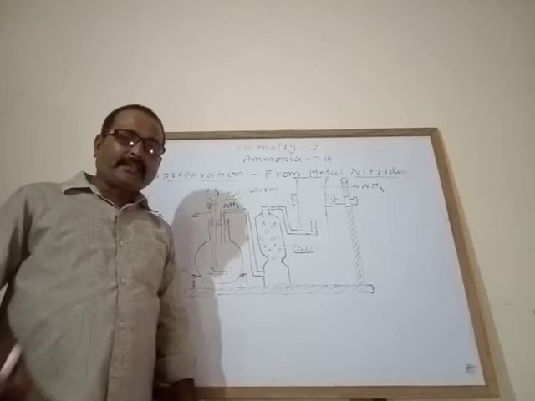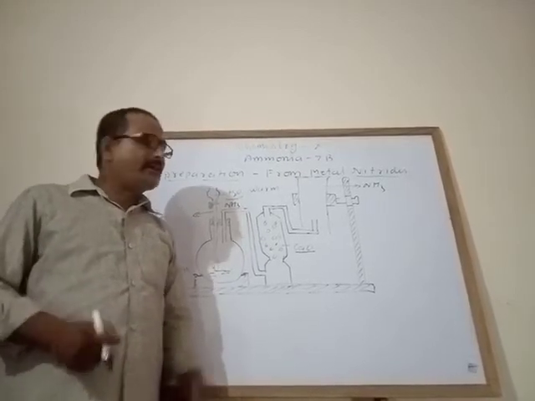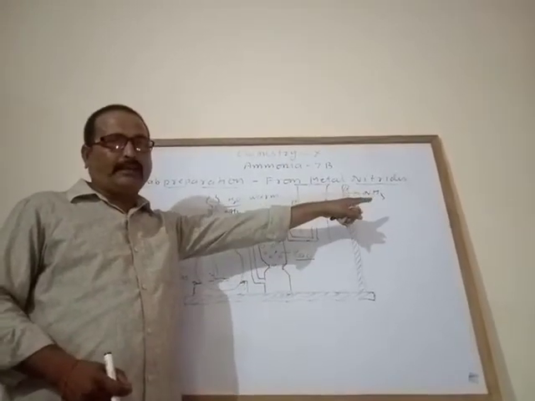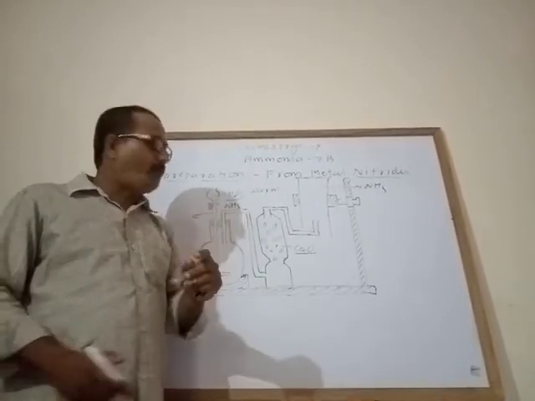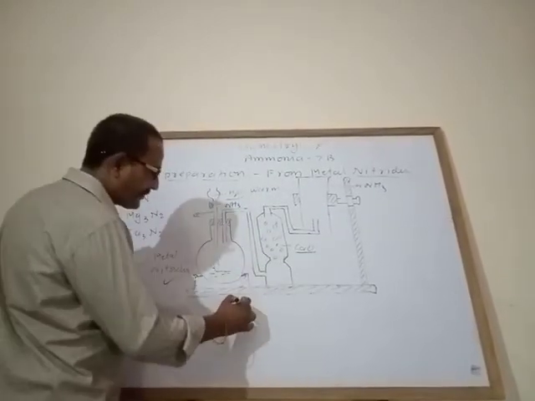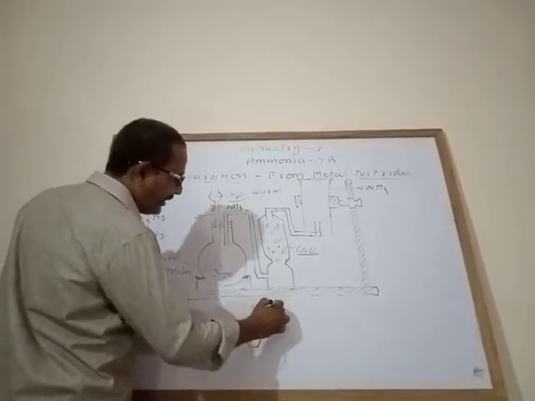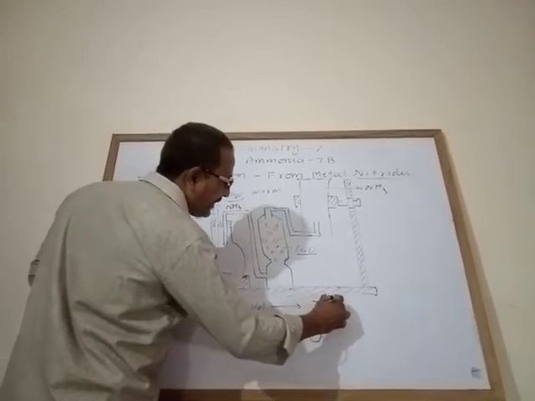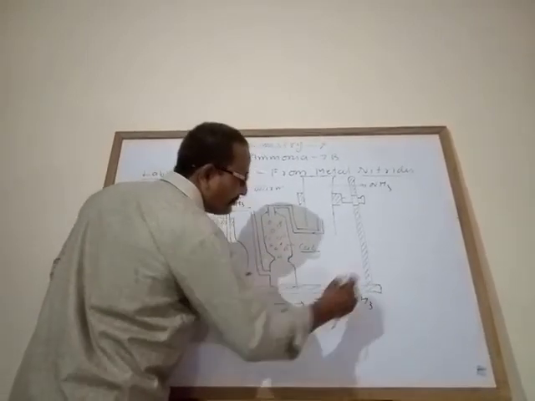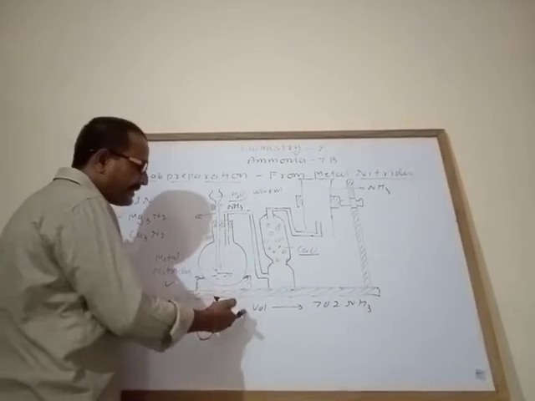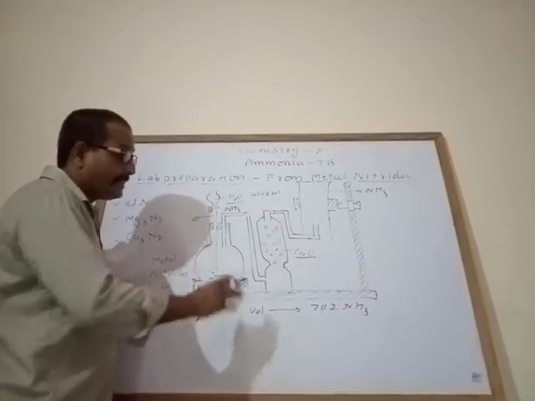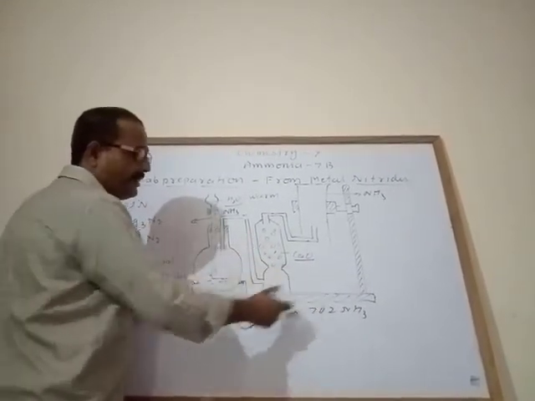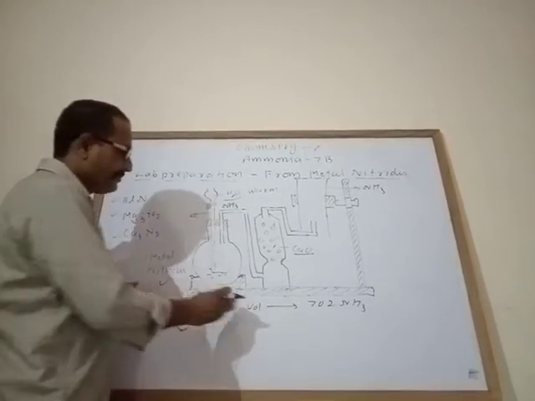Why is it not collected over water? Because it is highly soluble in water, meaning one volume of water can dissolve 702 volumes of ammonia. It is much more soluble than hydrogen chloride gas.